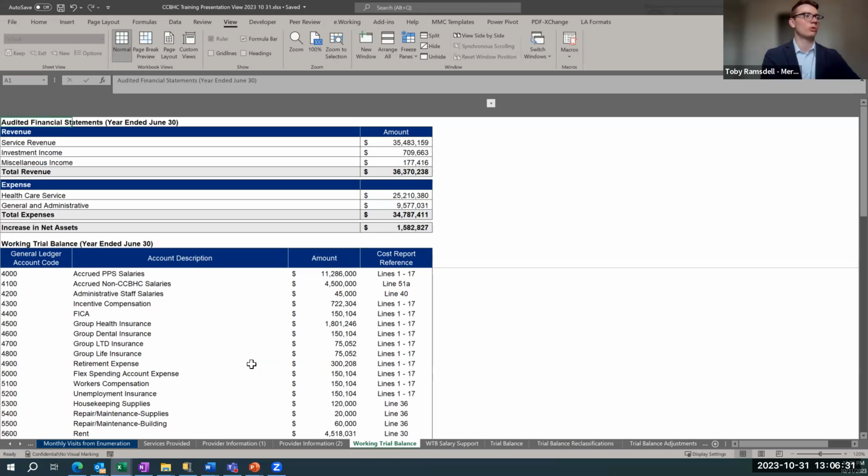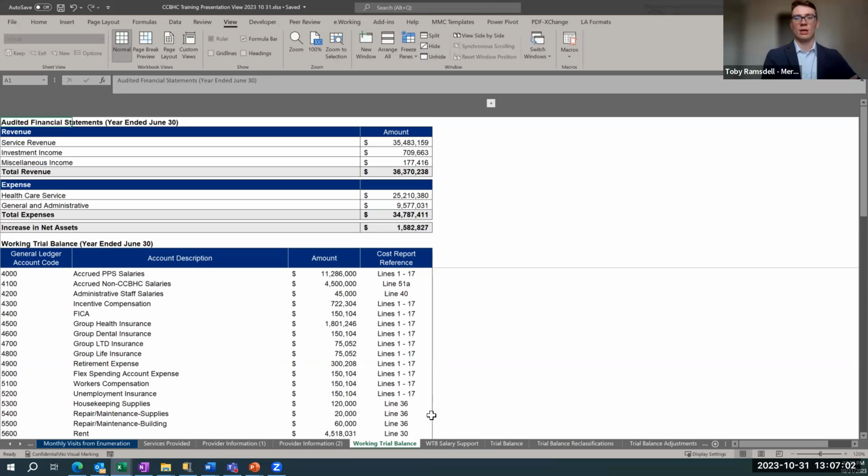Or for example, accrued non-CCBHC salaries, that relates to line 51A in the trial balance. You can tie administrative staff salaries to line 40, which is classified as office staff in the trial balance. So you'll see all of these lines and become more familiar with each additional line as we walk through the trial balance. But I just wanted to give you some context on ways that you can look at your working trial balance and start to group costs together.